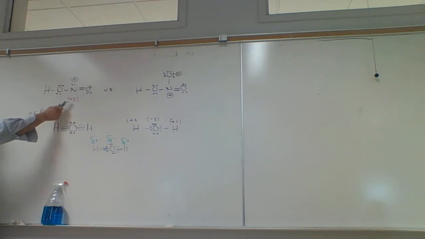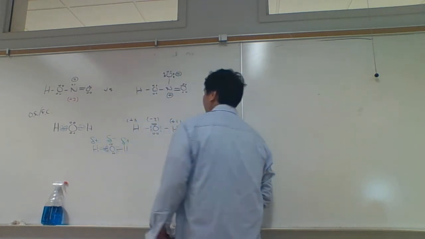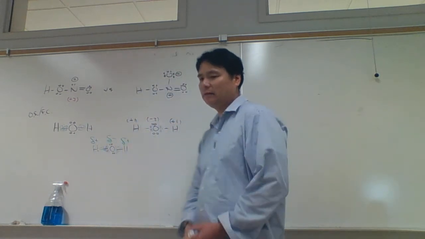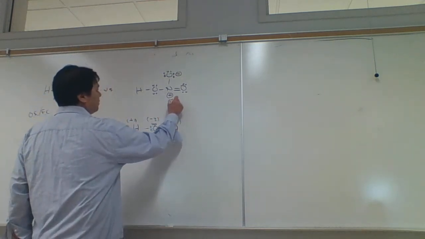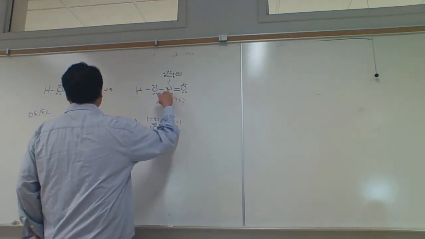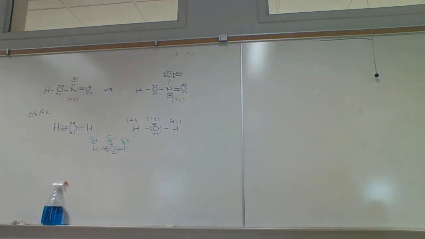So this would be +3 in terms of oxidation state. However, this is what? +5. And so if we compare a +5 nitrogen versus a +3 nitrogen, which one is going to have a stronger pull on the electron cloud? The +5.